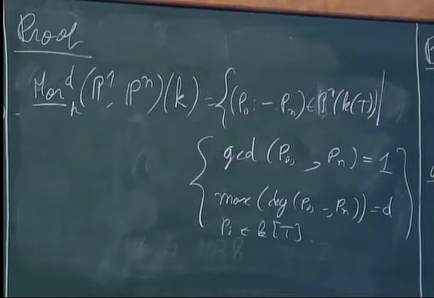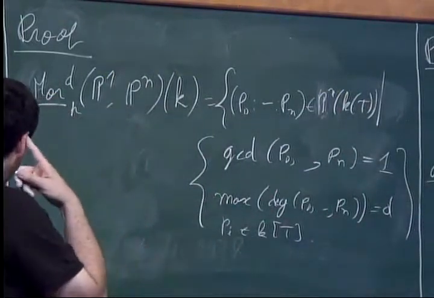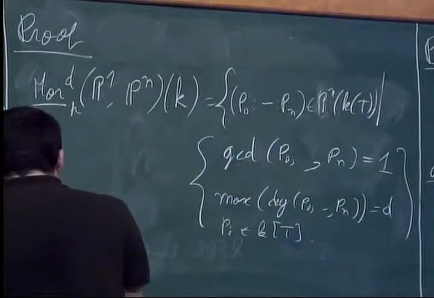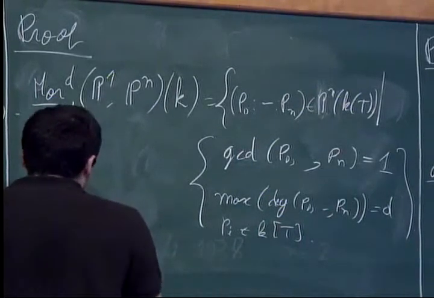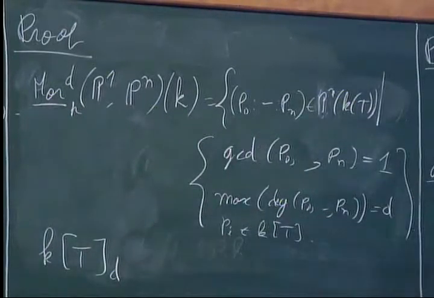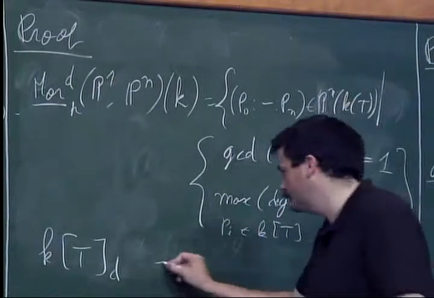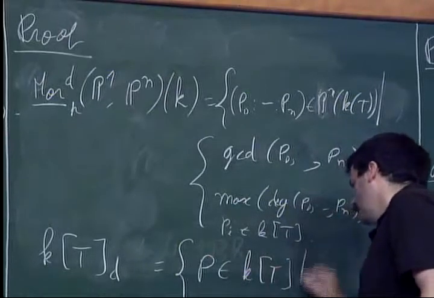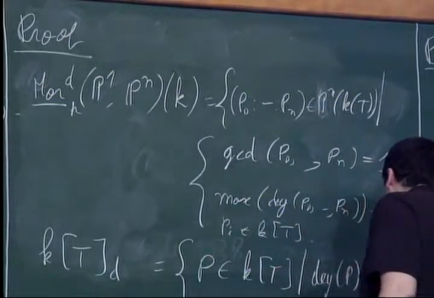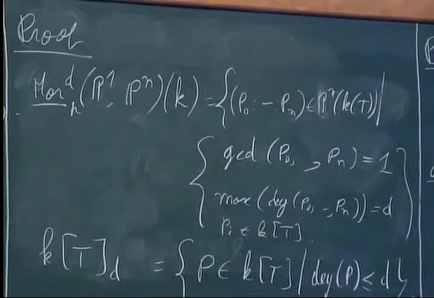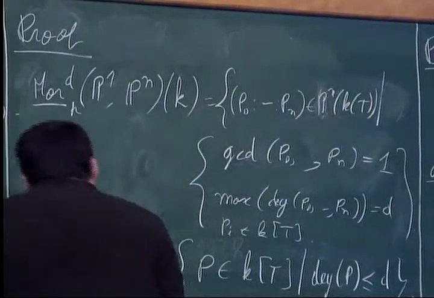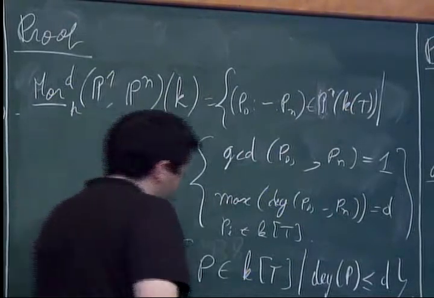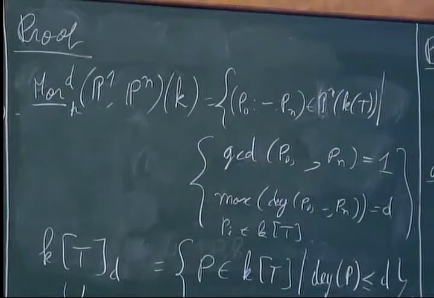So now I have to understand this set. In order to do this, let me introduce some notation. I denote by k[T]_d the set of polynomials in k[T] with the degree of P less than or equal to d. And inside that, I take the polynomials of degree d with the dominant coefficient equal to 1.